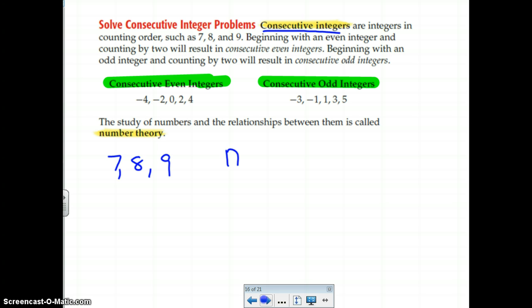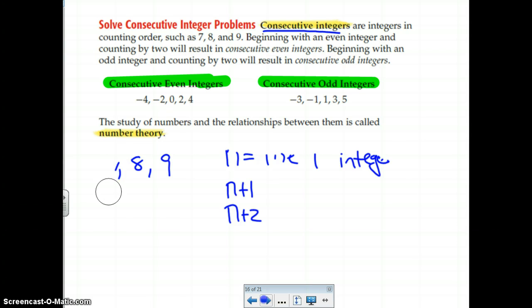If I said n equals the first integer, to get the second integer, if they're consecutive, we could go n plus 1. And then to get the next one in the sequence, we would have n plus 2. That would be if they are consecutive integers and they're one away from each other.